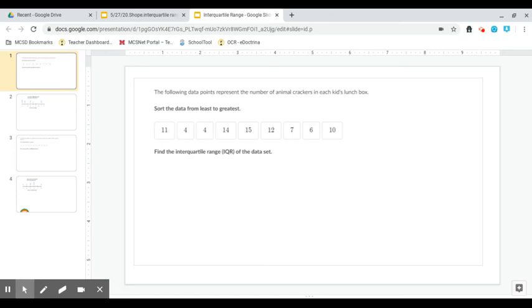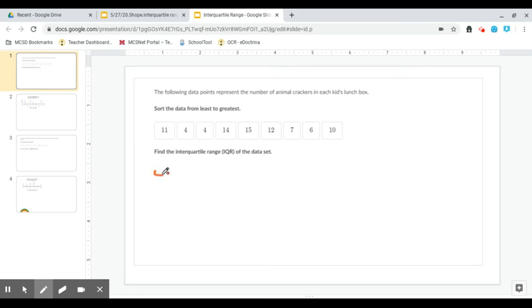So we're going to look at this set of data, the number of animal crackers in each kid's lunchbox. And you always need to put your data in order first. It says sort the data from least to greatest. So we are going to do this. I am going to get my pen out and draw some awesome drawings of these numbers.